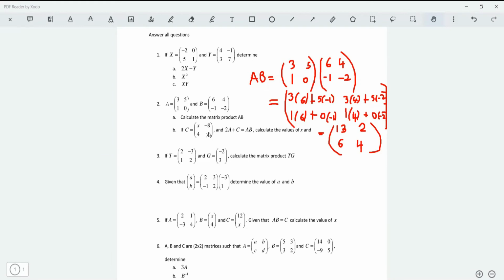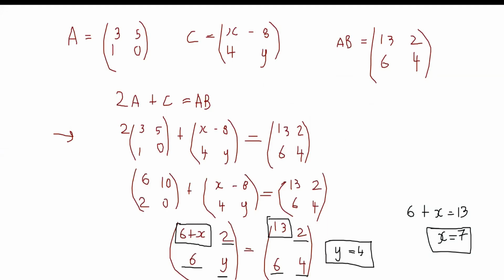All right. Now this one is a little bit different. This third one tells us that T is the matrix 2, minus 3, 1, 2, and G is the matrix minus 2, 3. Calculate the matrix product TG. So let's write them down.